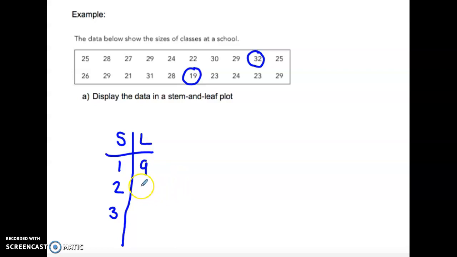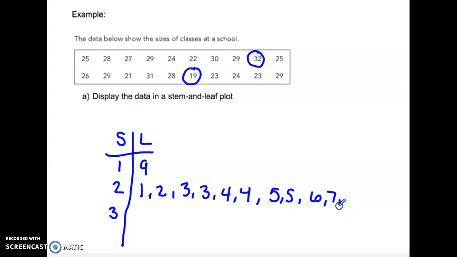We're going to start with 21, and then it goes 22, 23, 23. There's two 23s, so you have to put two 3s. Two 24s, we need two 4s. Two 25s, lots of 20s. One 26, one 27, two 28s.